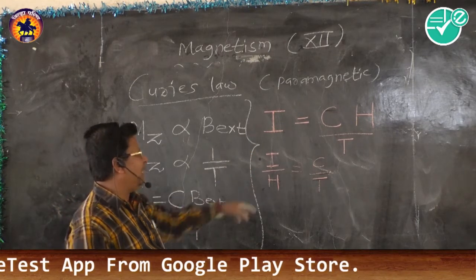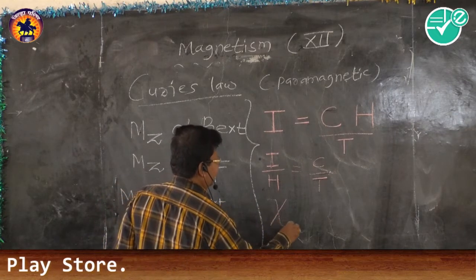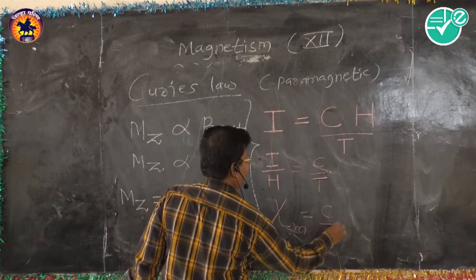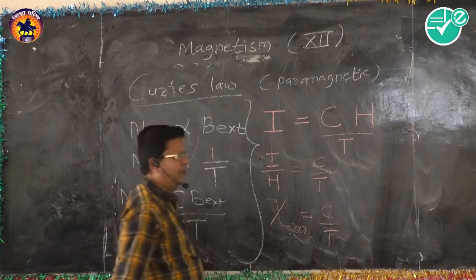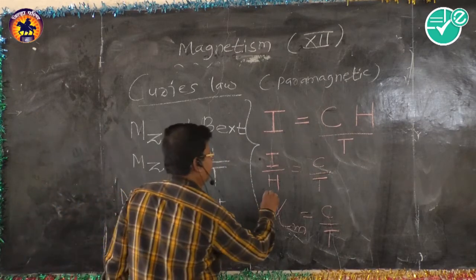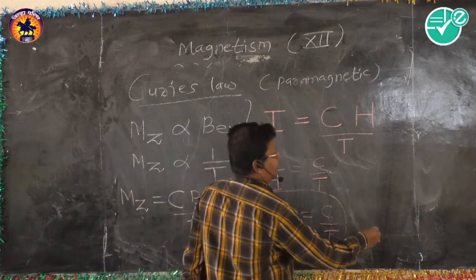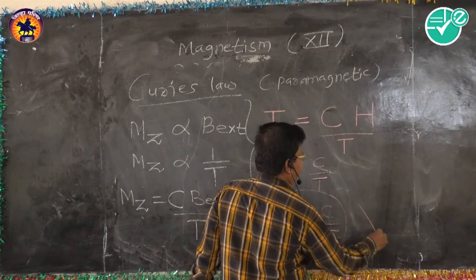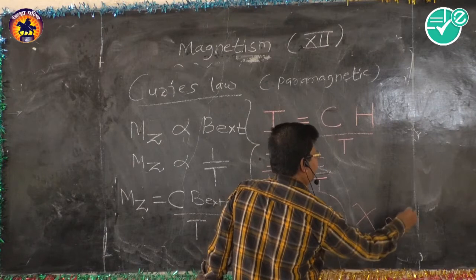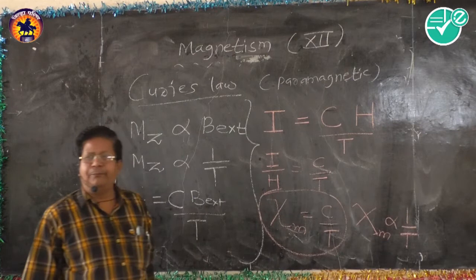So the left hand side in this equation is the magnetic susceptibility Chi m, which is equal to C divided by T. From this relation we conclude that Chi m is inversely proportional to absolute temperature.